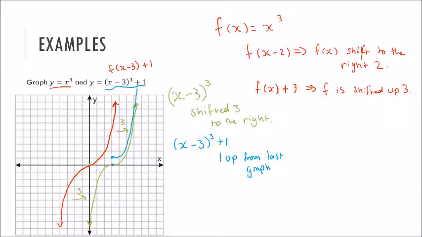Everything is just 1 higher than before. It's all just been shifted up 1. So use the one that you started with, and then from there, see how much you're shifting. This is to the right 3 and up 1. But it's all just using the stuff that we learned in functions and graphs.